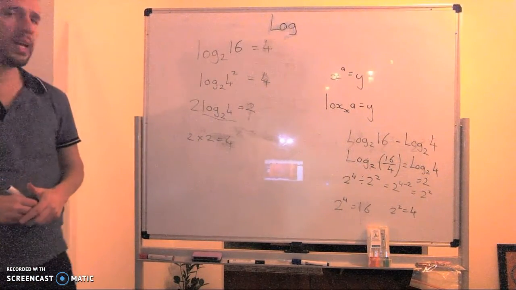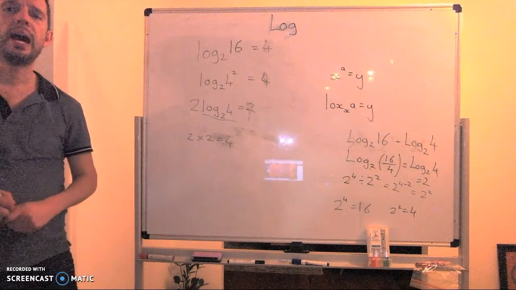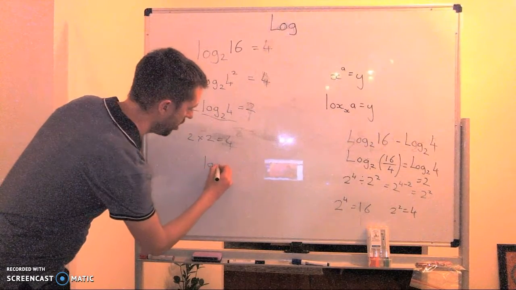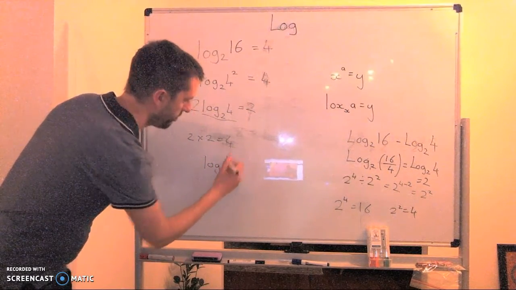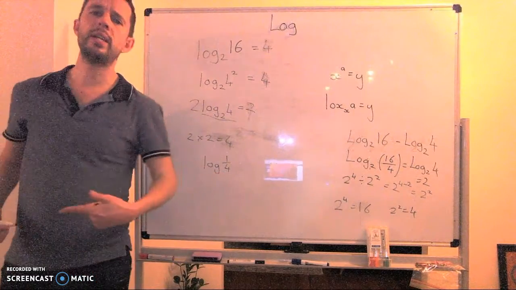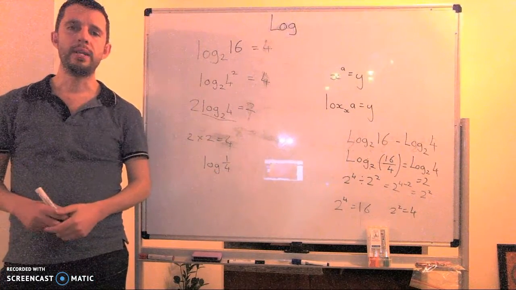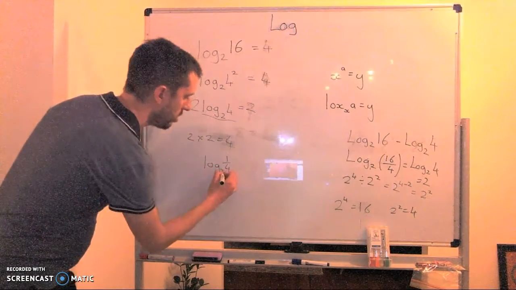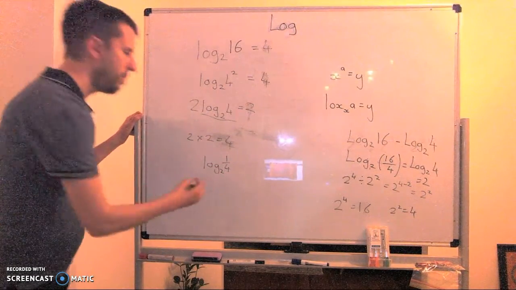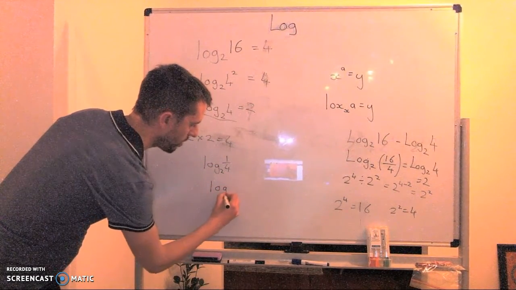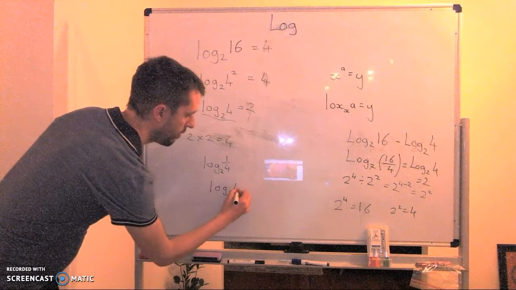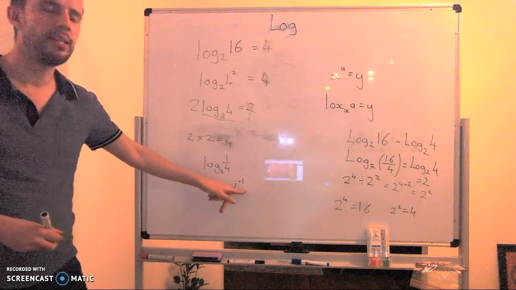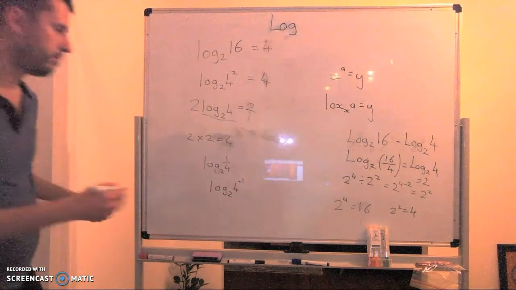Now the same thing can occur in terms of us understanding fractions. So for example, if I have log of 1/4, this is where we need to understand our negative indices. I can rewrite log base 2 of 1/4 by saying I've got log base 2 of 4 to the power of -1. I am able to then take the -1 to the front.